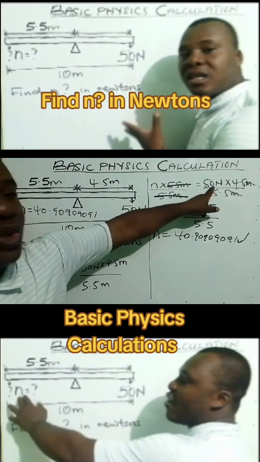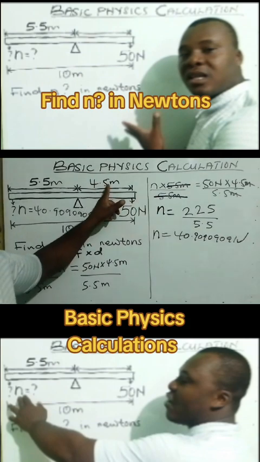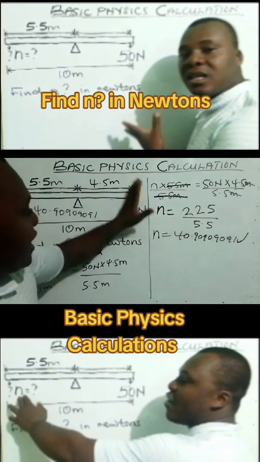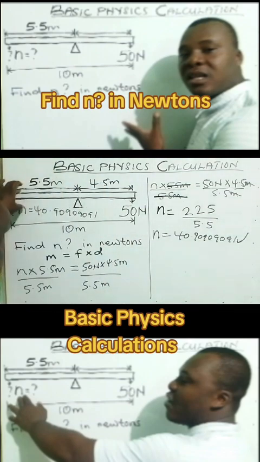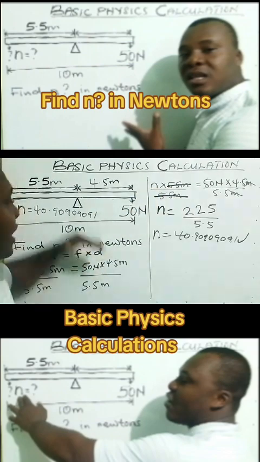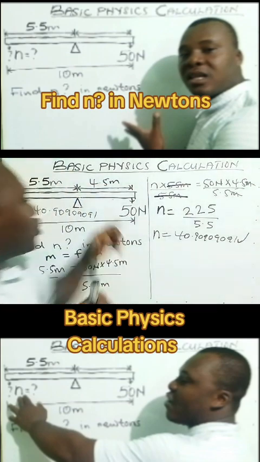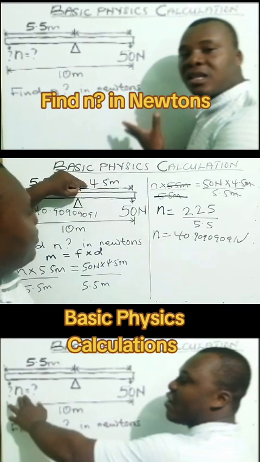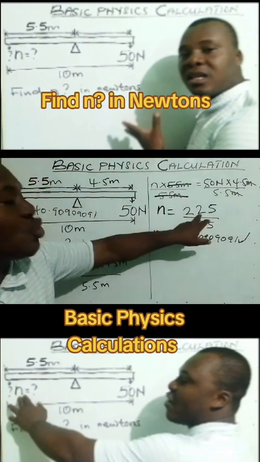Now this is so simple. This 50 Newton is the downward force here, at 4.5 meters perpendicularly, and you see the force here, which is 5.5. This is the time that this line is perpendicular. That means the force has now become equilibrium. That is why we have 4.5 and 50 Newton. So 4.5 times 50 is what we have as 225.